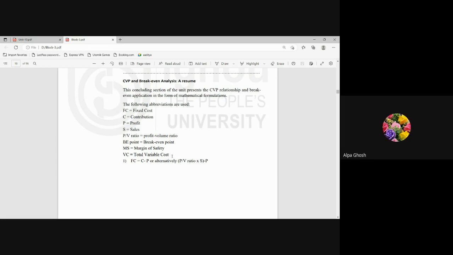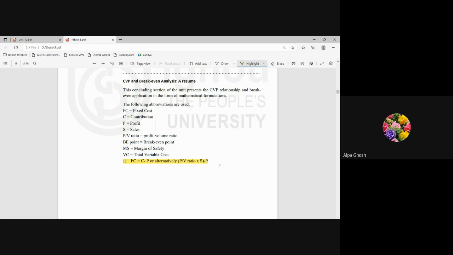Okay. Now if you see the first one, the formula for fixed cost. Fixed cost equals contribution minus profit, or else PV ratio multiplied by sales minus profit.